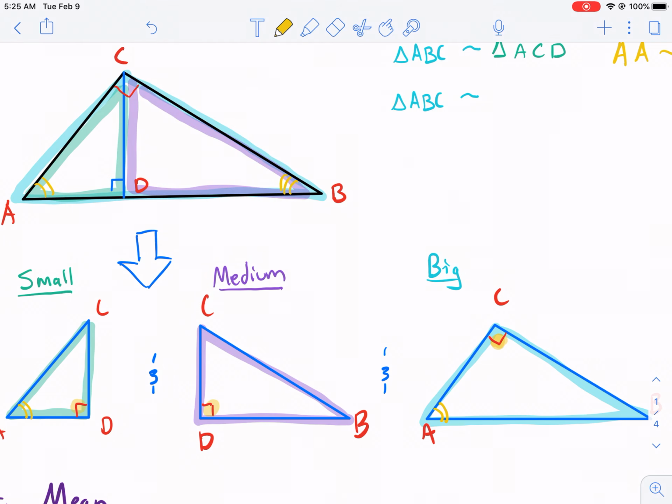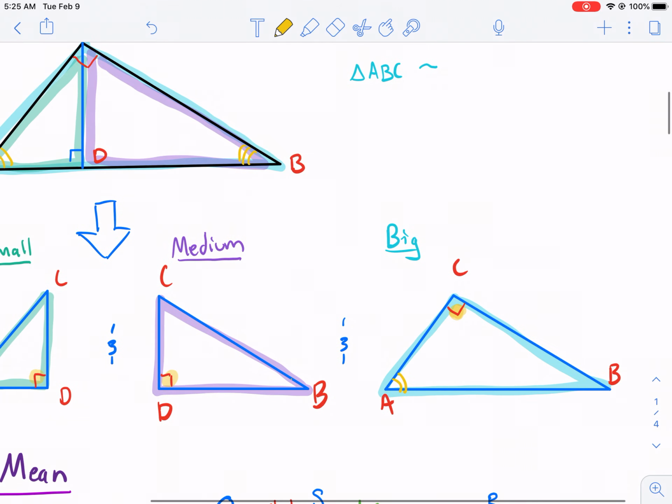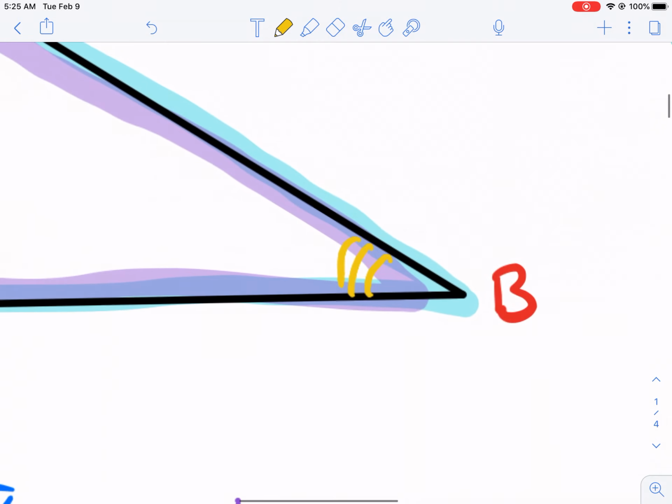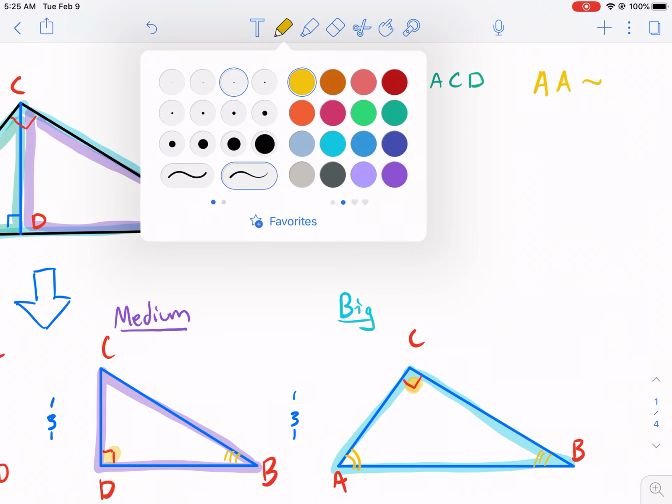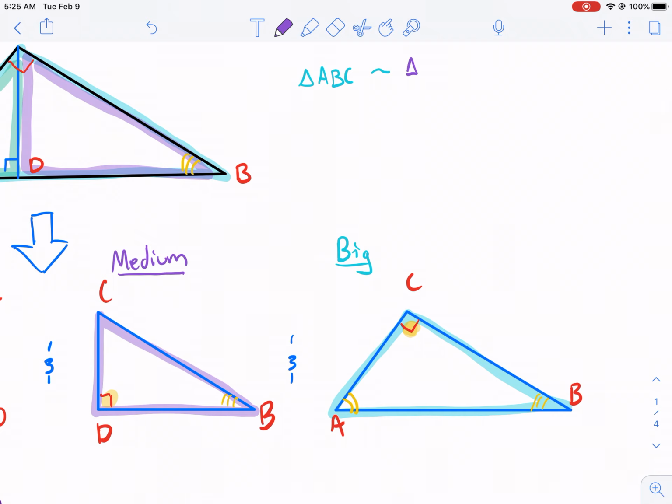They both share this angle right here, angle B. Therefore, they're similar based on the angle-angle similarity theorem. So triangle ABC, ending on the right angle.